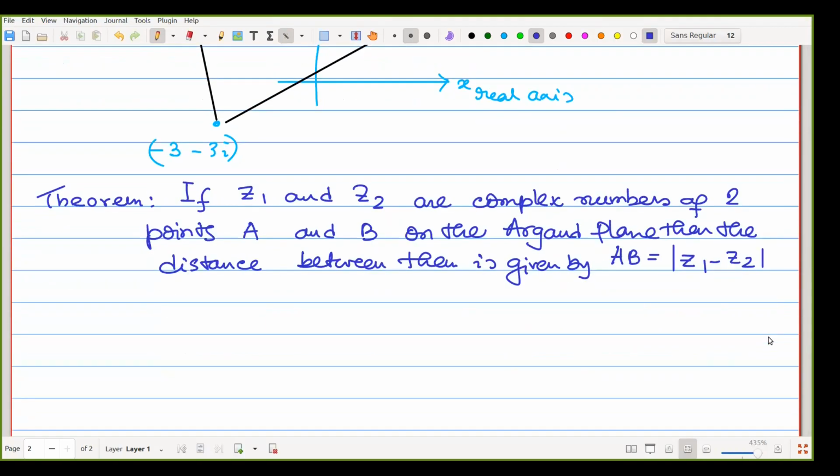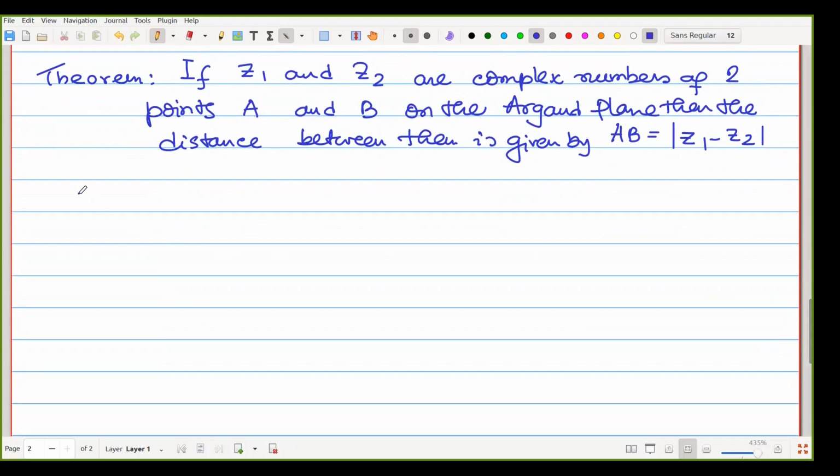And how? Let Z1 be equal to x1 plus i y1 and Z2 be equal to x2 plus i y2.